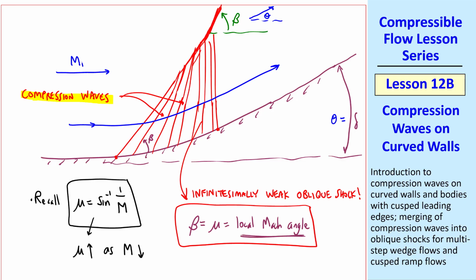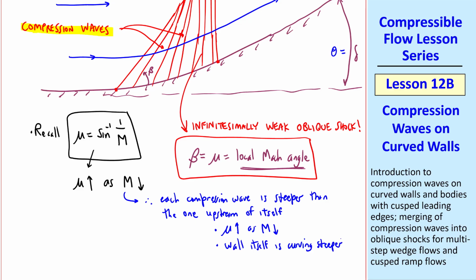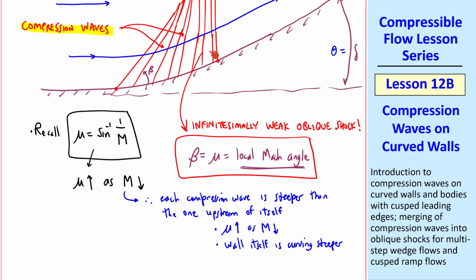And because of that, each compression wave is steeper than the one upstream of itself, as I've drawn here. There are 2 reasons for this. Again, mu up as Mach number down, as we mentioned here, and the wall itself is curving steeper as we move along. In any case, these compression waves are going to eventually merge.